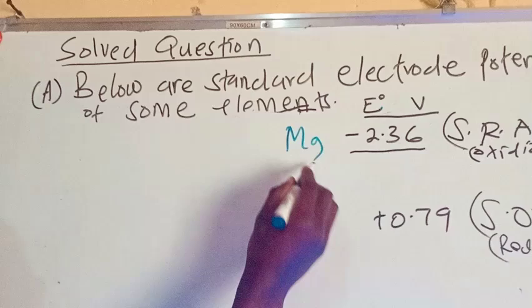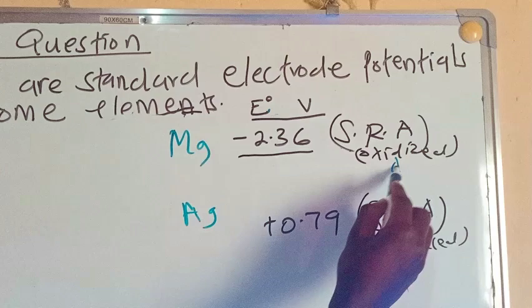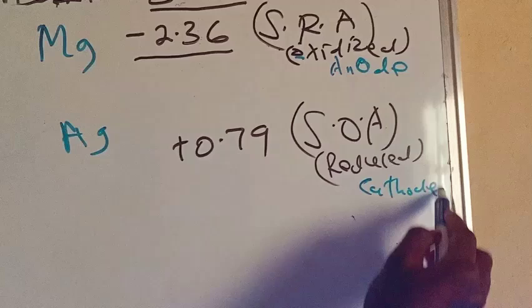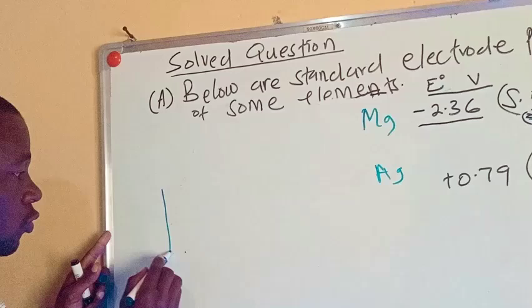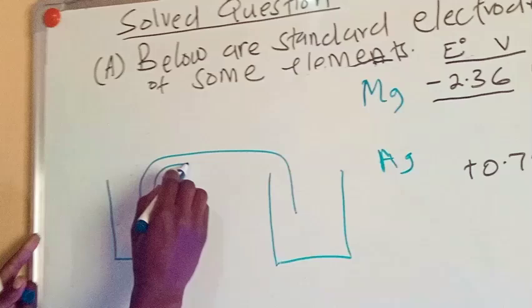So the oxidized species will be at the anode. The word anode has O, O means oxidized. The reduced species will be at the cathode. Now when drawing, you draw two beakers, and you must connect the two electrolytes with a salt bridge.